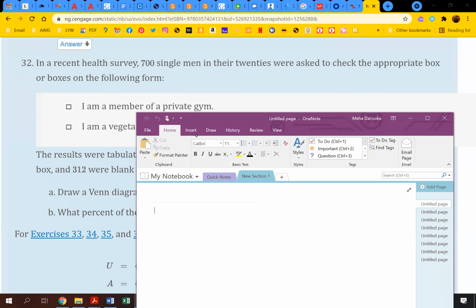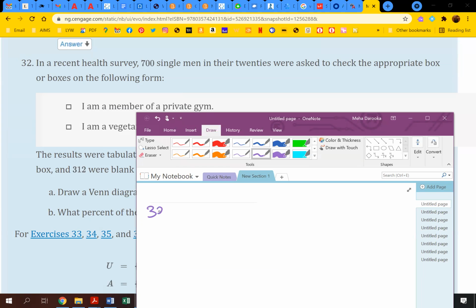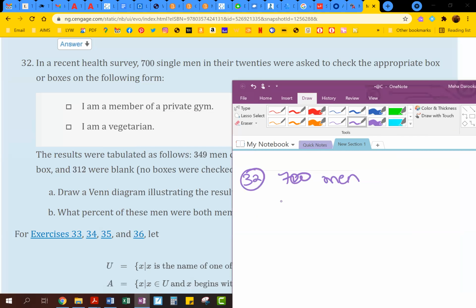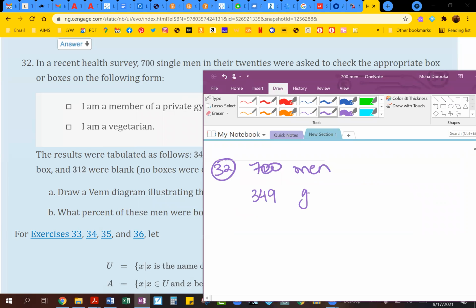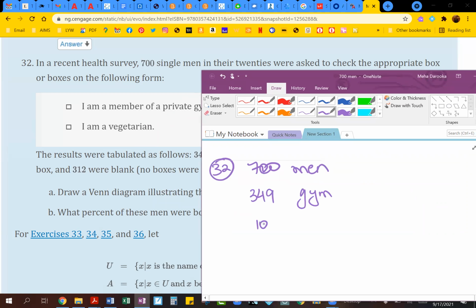Okay, so we have a total of 700. And then they told us 349 checked the gym box, 101 checked the vegetarian box, and 312 left it blank, or basically they checked no boxes.